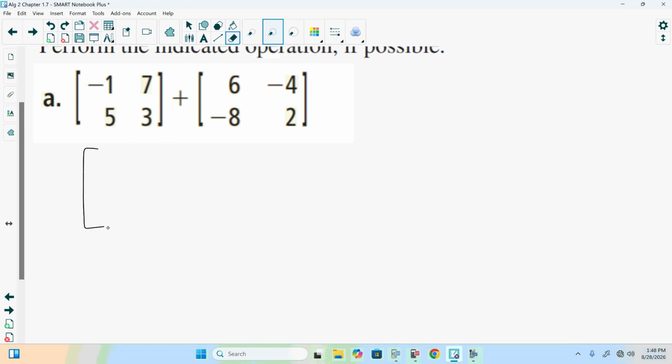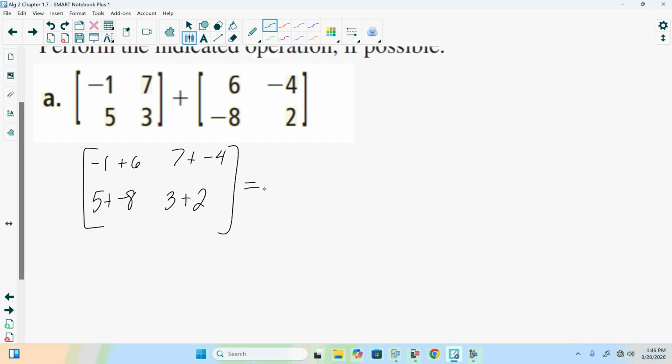This one here, we do have a 2 by 2 and a 2 by 2. So we can add these together, yes? So we'd have negative 1 plus 6, 7 plus negative 4, 5 plus negative 8, 3 plus 2.